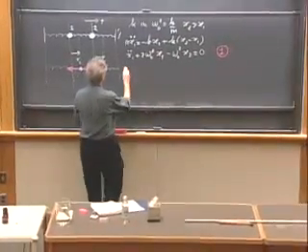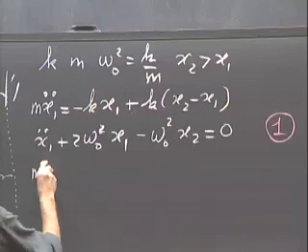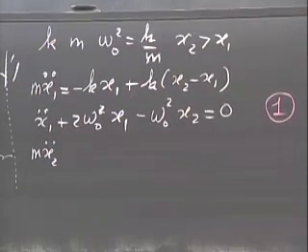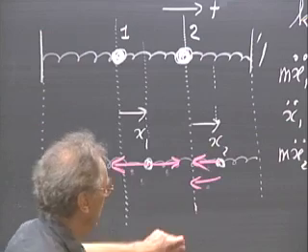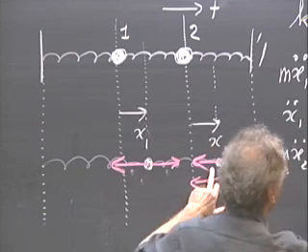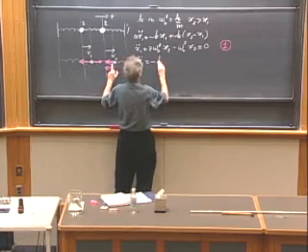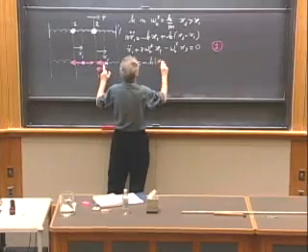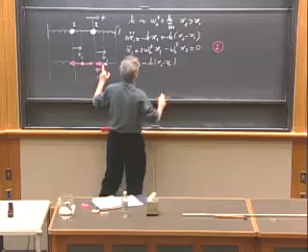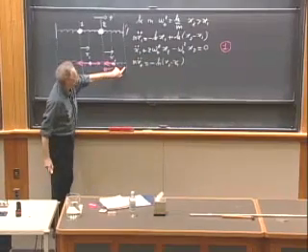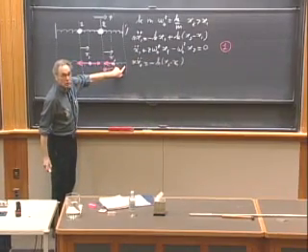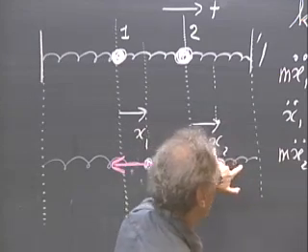I get m x2 double dot. Now I have two forces both in the negative direction. First I have the one that drives this one away from equilibrium. So I get minus k times x2 minus x1. And then I have the force due to the fact that this one is shorter than it wants to be, by an amount x2.